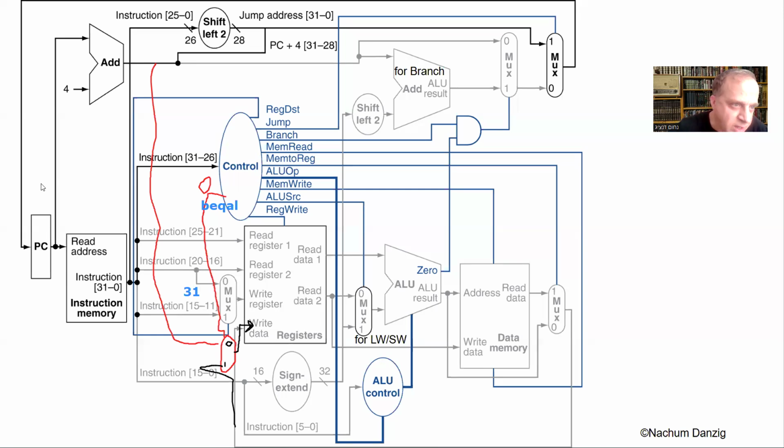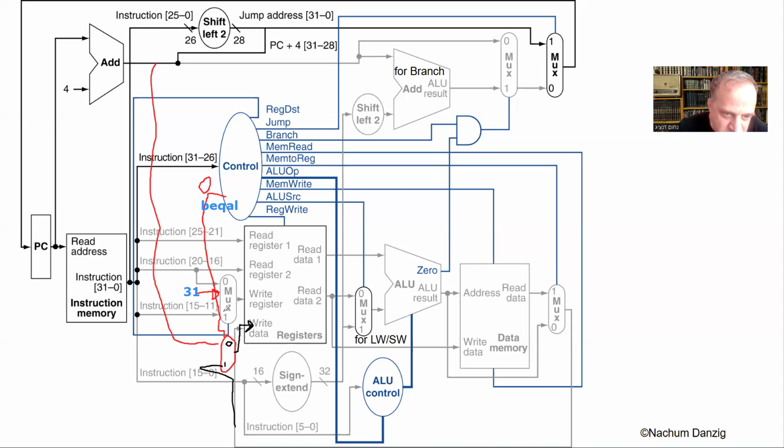31, and we've got to have a line coming in. So let's draw that in red here. This line is coming into here. But that means that our mux now has 3 inputs.